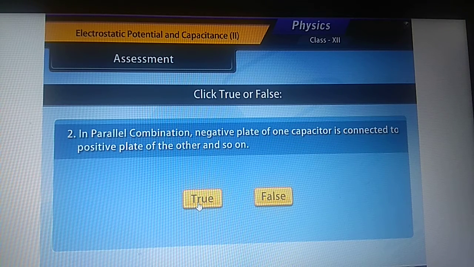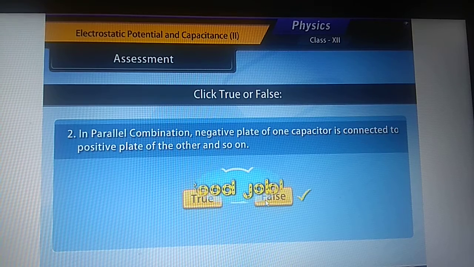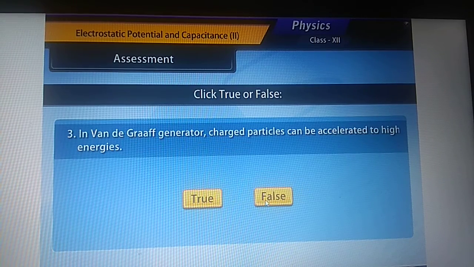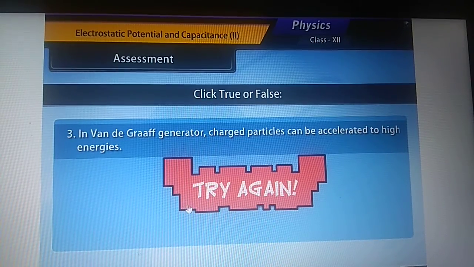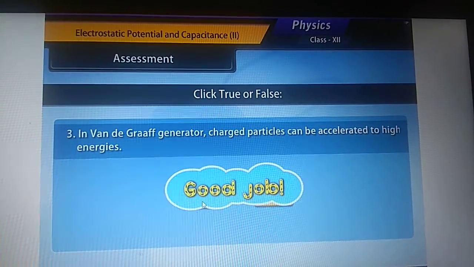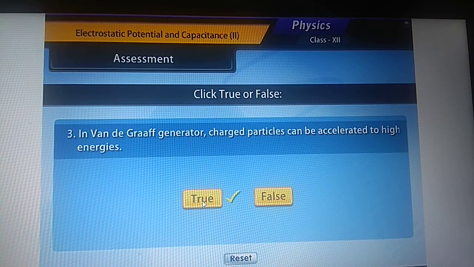In parallel combination, the negative plate of one capacitor is connected to the positive plate of the other, and so on. It's false. Good job. Now this we haven't done: in a Van de Graaff generator, the charged particle can be accelerated to high energies. Try again, as we haven't done it. Good job. So we are not going to start with this topic.